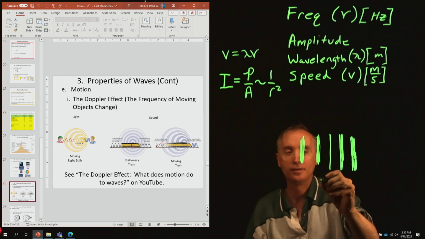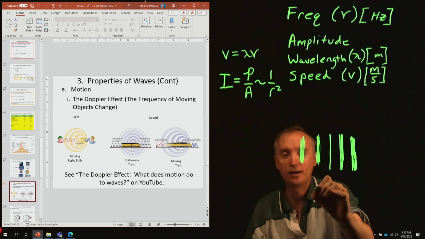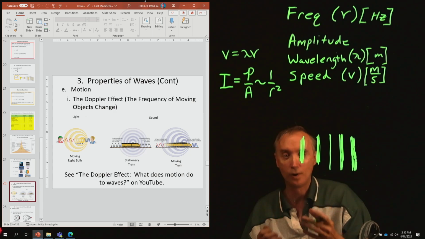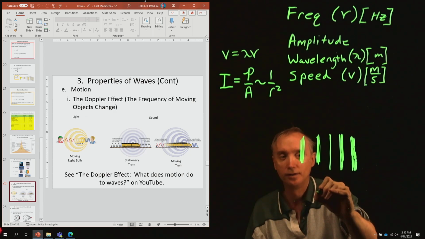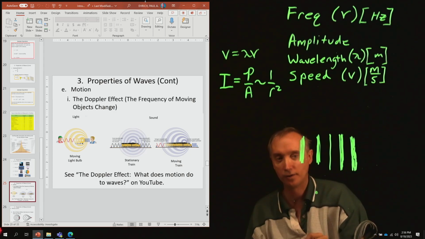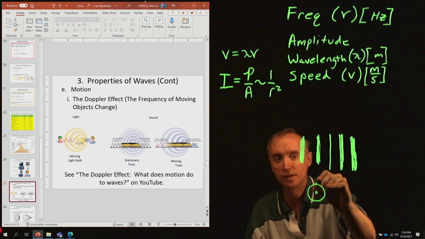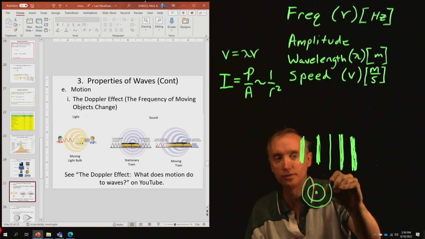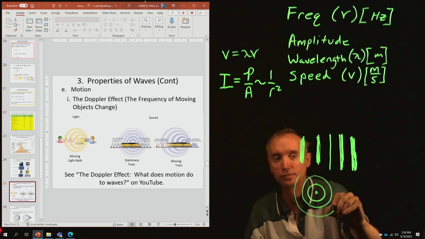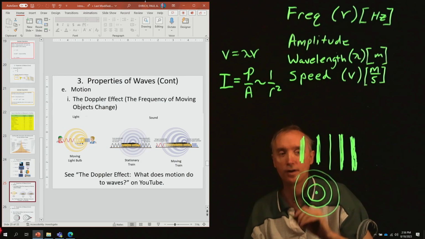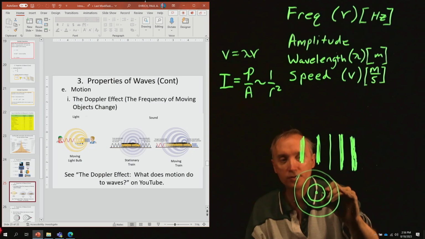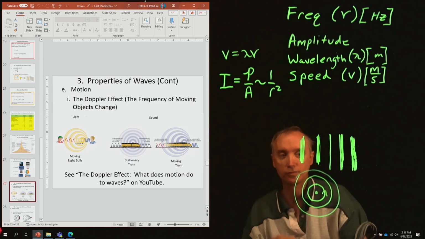So let's pretend that you have a source of a wave. It could be like an alarm clock, and it's located right there. And so it would send out sound waves in all directions like this. All right, now this represents a crest right there.